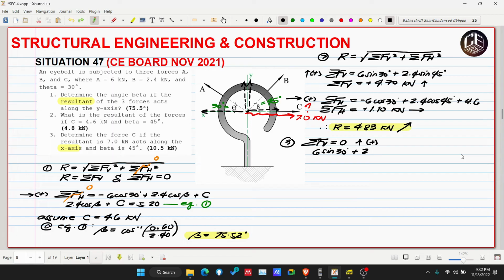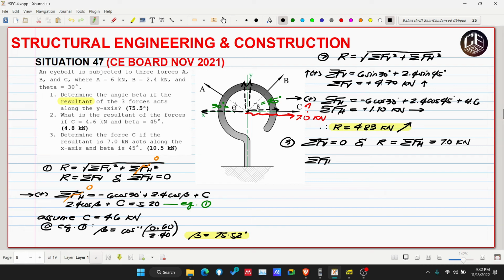Since we are given the summation of FB, let's try this. Our summation of FB is 0, based on our problem. So, if that is 0, it means our R is equivalent to the summation of FH, which equals 7.0 kilonewton. So, we start there.